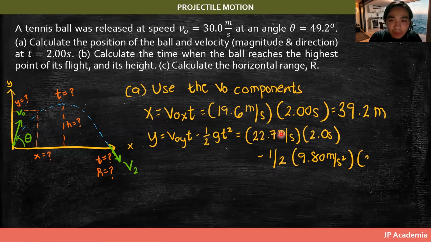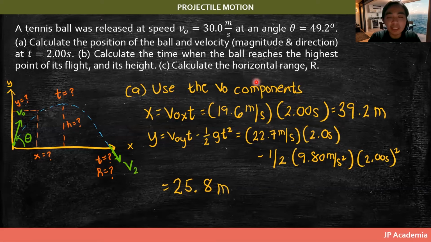And therefore, meron lang tayo, of course, the y component of your velocity times 2 minus 1/2 g t squared. 2 seconds lang naman yan. And therefore, you will have the value of y na 25.8 meters.